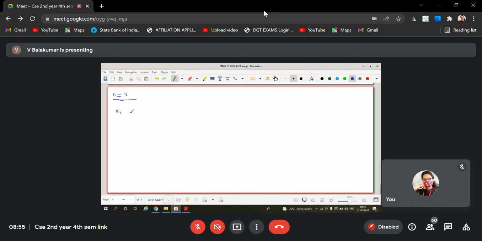Then I can talk about X also, which is the average of all these 3 values. How many possibilities are there? Can someone tell me? 8. Each of x1, x2, x3 has 2 possibilities. Using the multiplication rule, you can say that these are 8 possible cases.